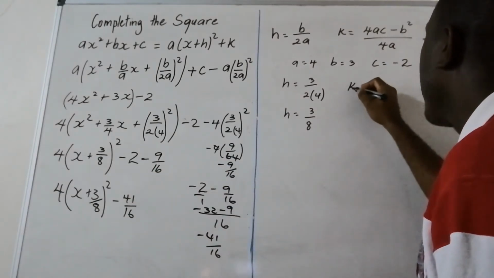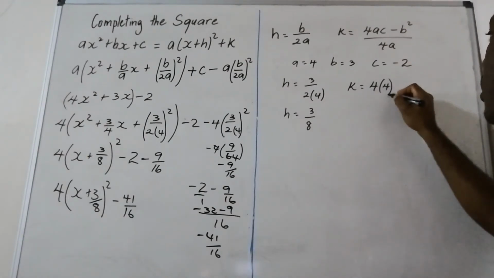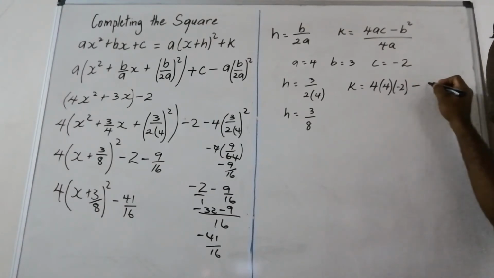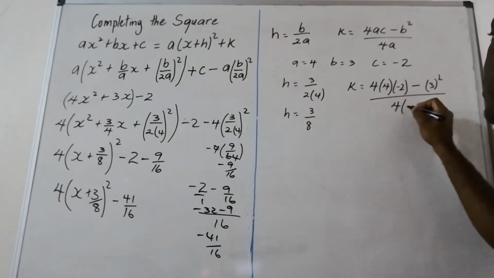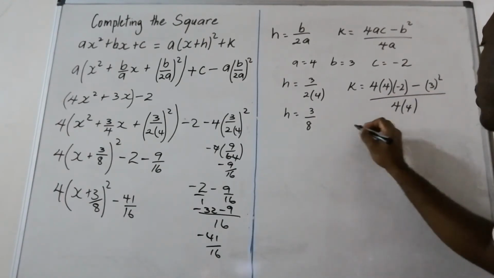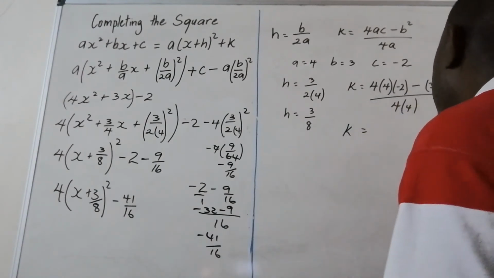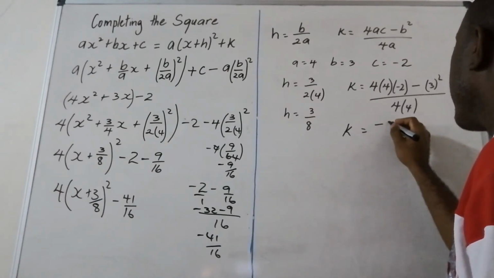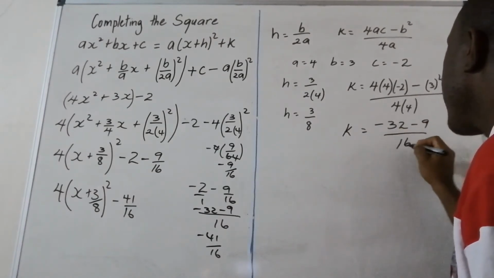k is equal to c minus b squared over 4a, so minus 2 minus 3 squared all over 4 times 4, which will give us 16. 16 times minus 2 is minus 32, minus 9 over 16.